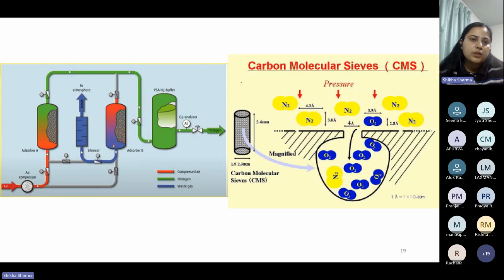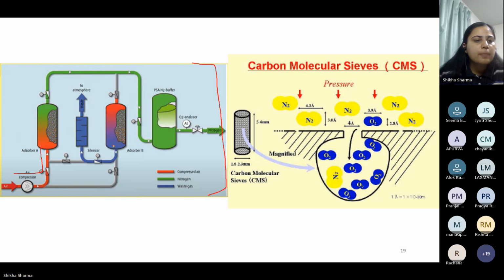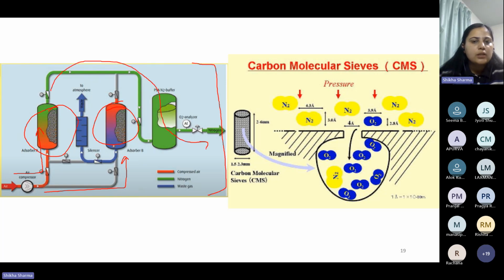This first diagram on the left-hand side is about the nitrogen chamber, where air goes in the column here first and here also, and then here are CMS, and in the last we will get nitrogen as a pure product.